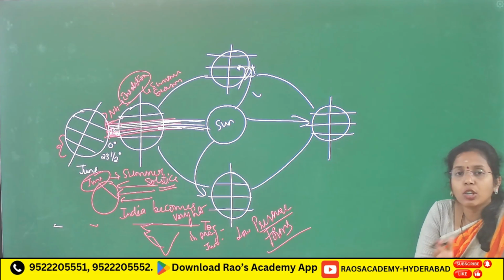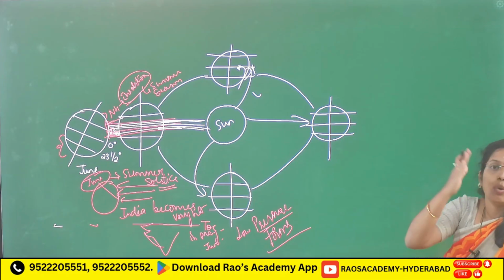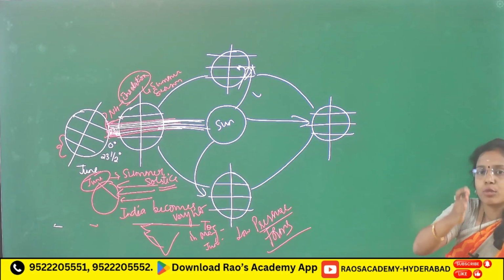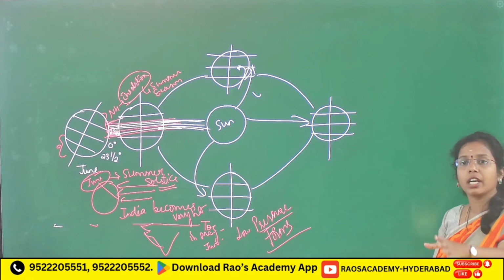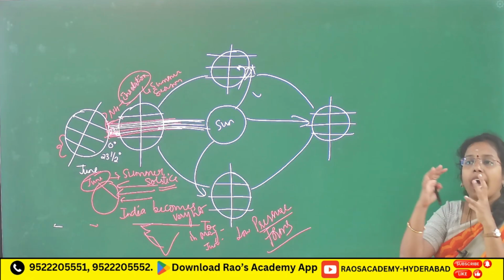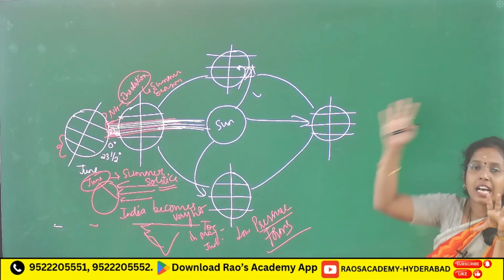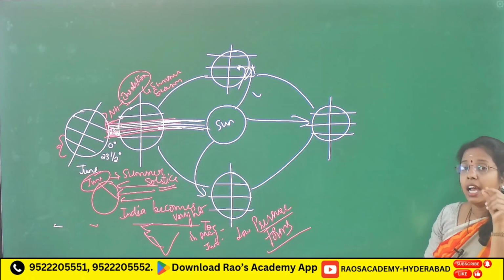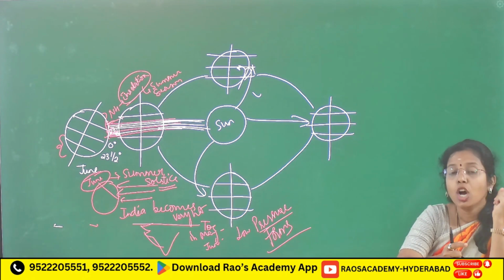Like that we are going to interlink climate with soils, with natural vegetation, and from soils we can interlink with agriculture, and from agriculture we can interlink with economy, and from economy we can interlink with disaster management also. And because of this climate, if any climatic change happens in Indian climate, what happens?